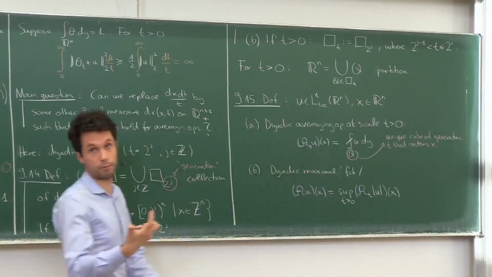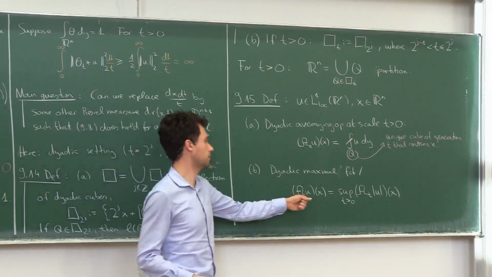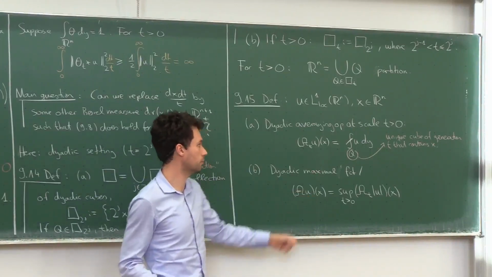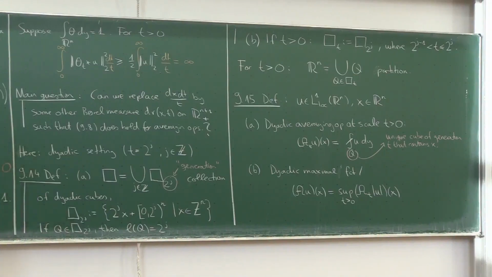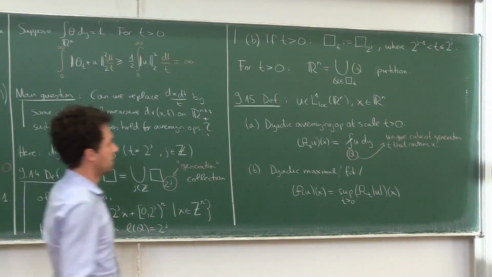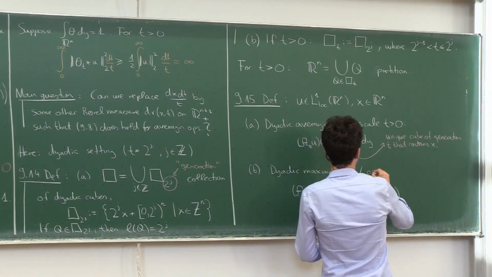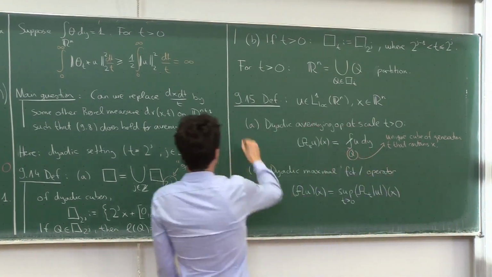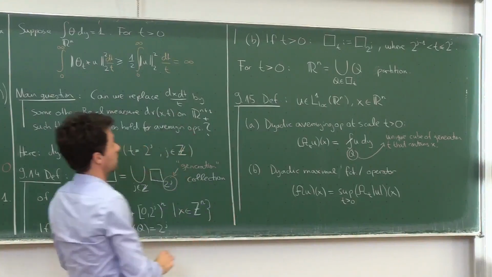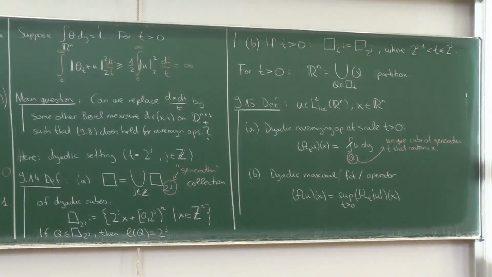It's just mimicking what we did for the Hardy-Littlewood operator. This is called the dyadic maximal function of u, and the operator that associates with u its dyadic maximal function I call the dyadic maximal operator. All right, so this is how the dyadic objects look.